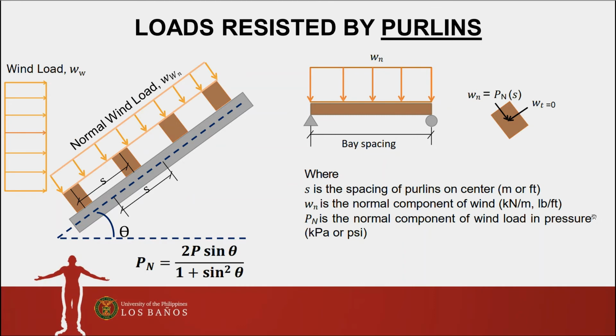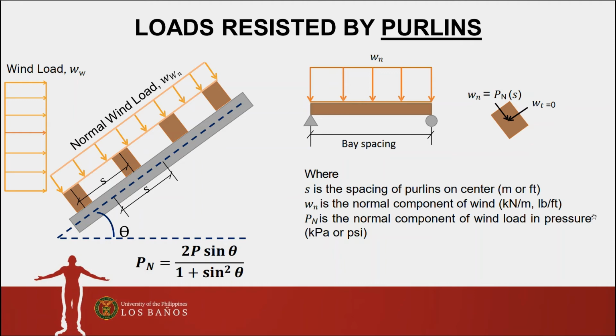Last is the wind load. So initially the wind load acts on the vertical projection of the inclined length of the rafter.